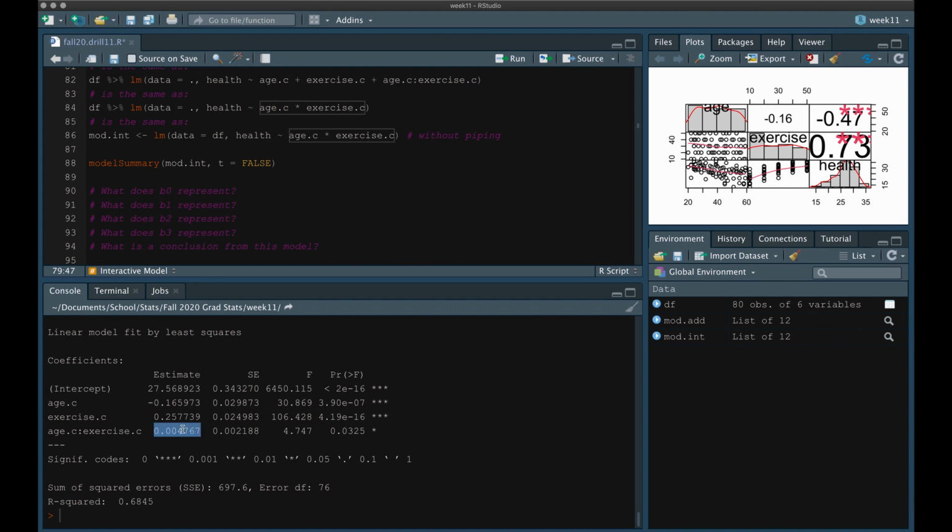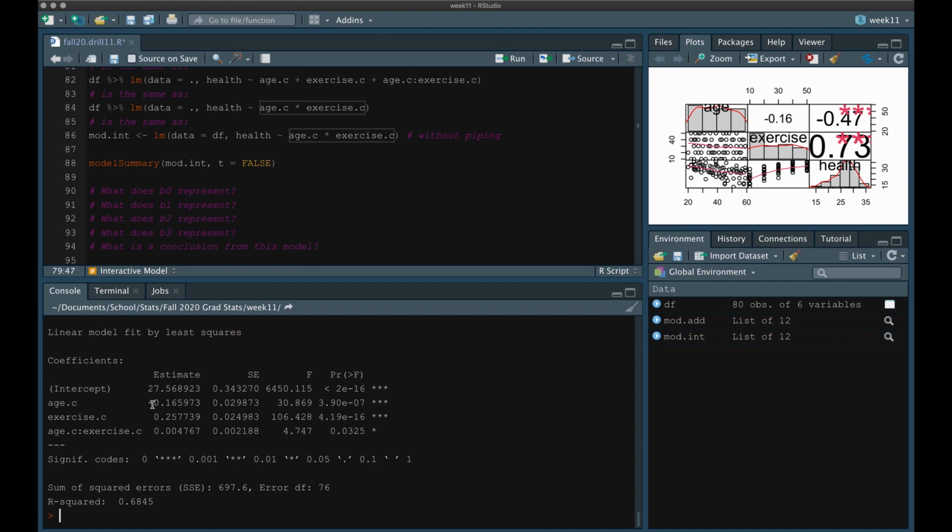What does the slope of your interaction tell you? The slope of your interaction tells you the expected change in the slope of one of your variables with a 1 unit increase in the other.